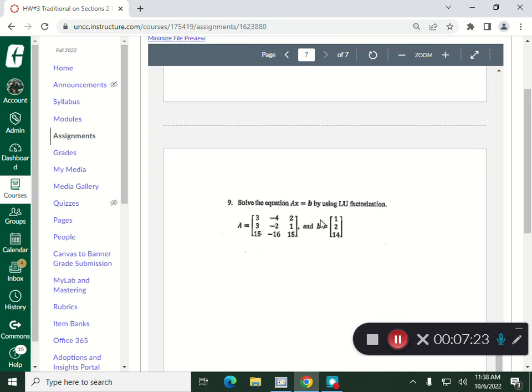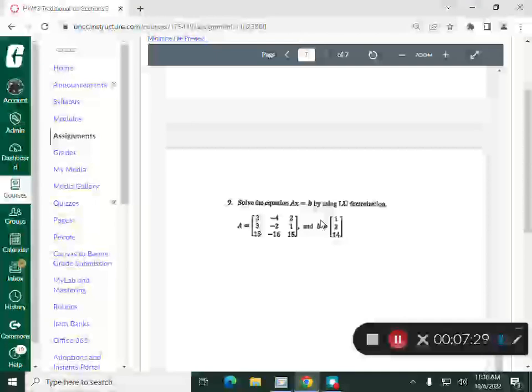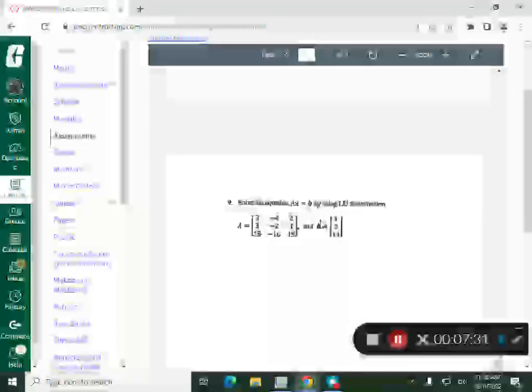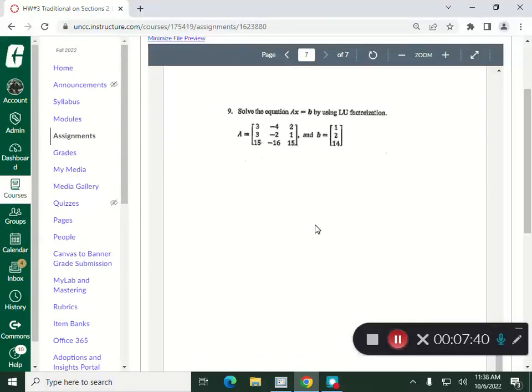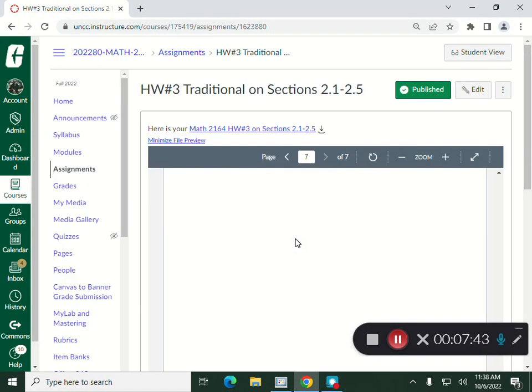Now, we're looking at algorithms for computers that do this type of work for us, and when you do the LU factorization on a particular matrix, it takes less time in terms of the number of operations that need to be calculated by the computer. So there you go. And there's your section 2.1 through 2.5.